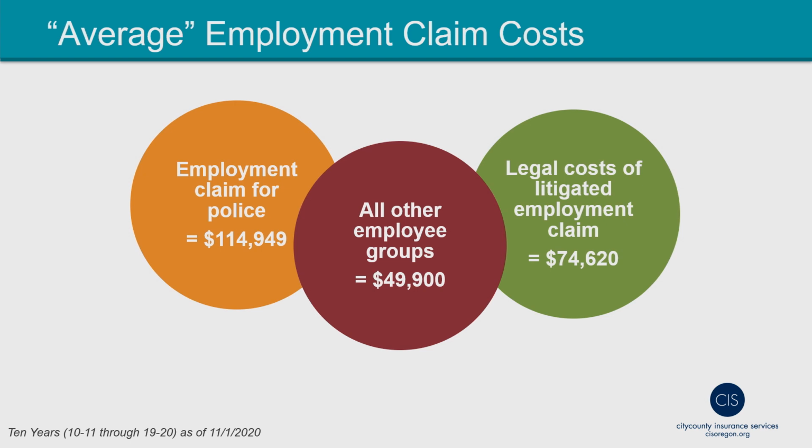If it goes to litigation, then the average cost is more like $75,000. And then if it's an employment claim by a police officer, then the employment claim is close to $115,000. So you can see a huge jump between a claim that is not in litigation and one brought by an officer. But even non-litigated claims are expensive for us to defend.